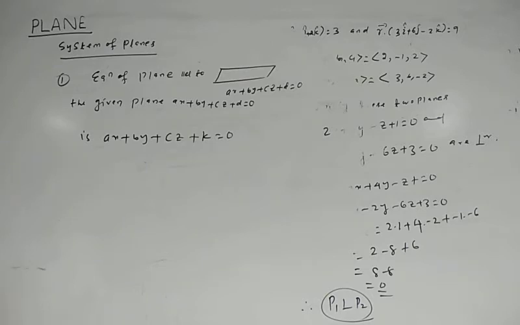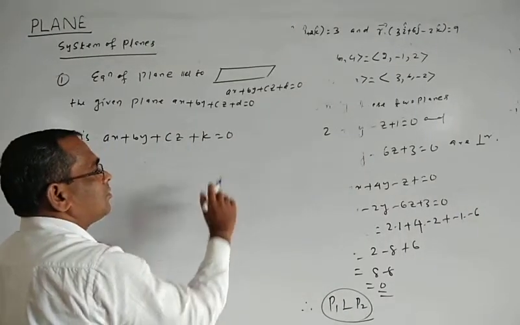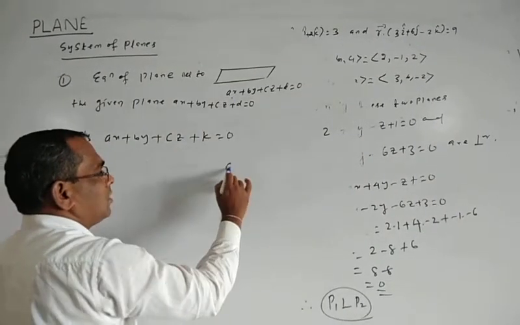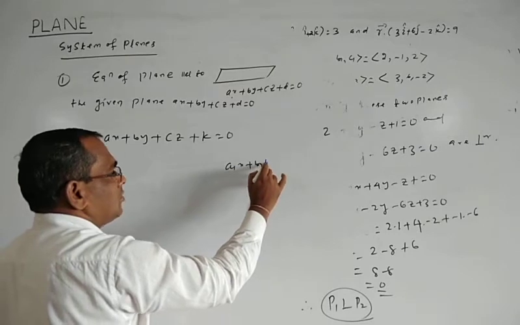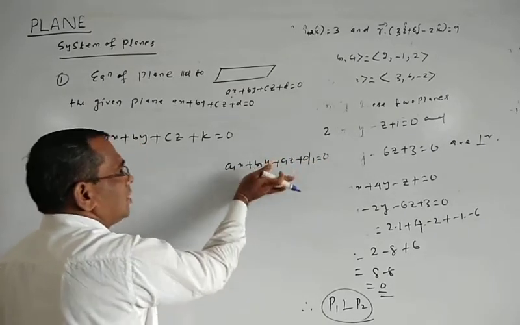Okay. Why is it k? Because you know this plane is parallel. Suppose this is a plane, and another plane is a1x plus b1y plus c1z plus d1 is equal to 0. This plane will be parallel.